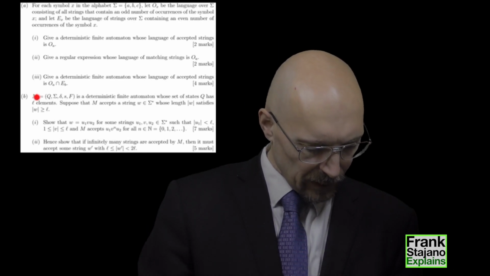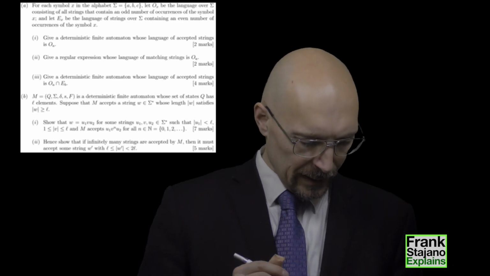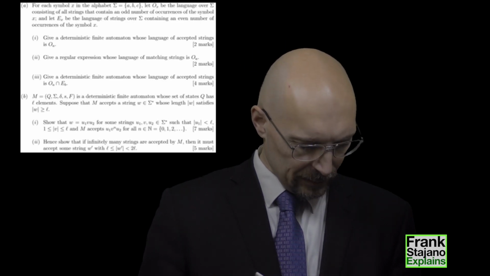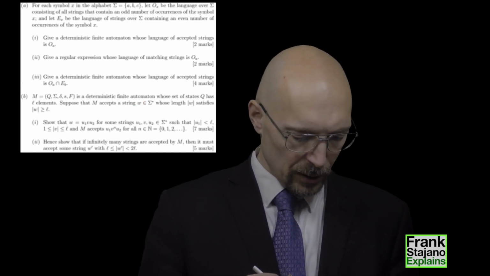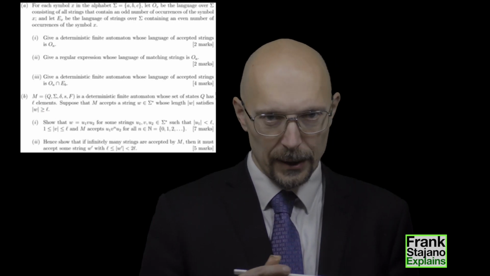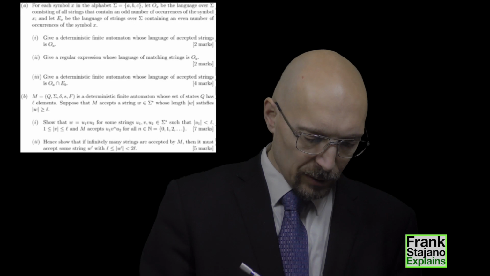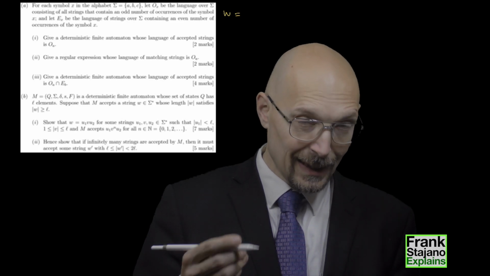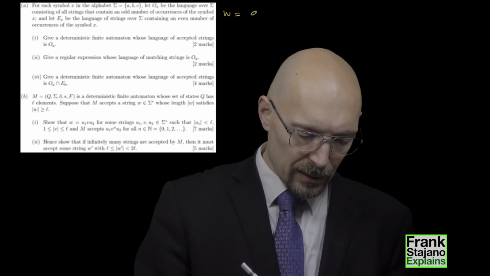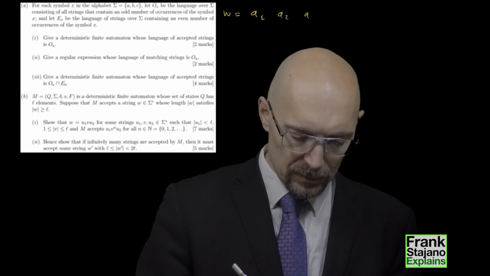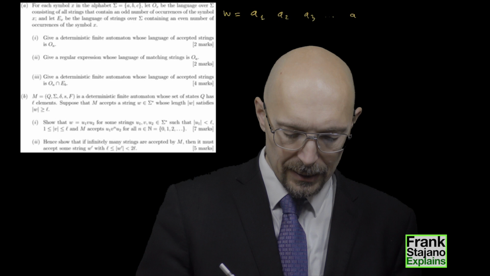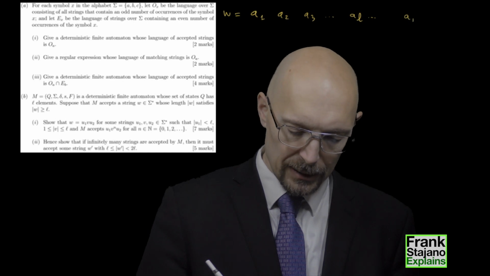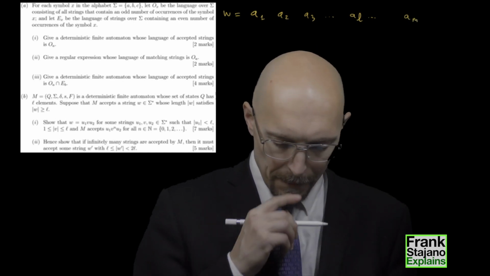So my automaton M has L states, and it accepts a string W of length at least L. Okay, so if I write down W as a sequence of symbols of at least L symbols, it's going to be A1, A2, A3, up to AL, and then possibly more, up to some M, since I'm already using N for something else.